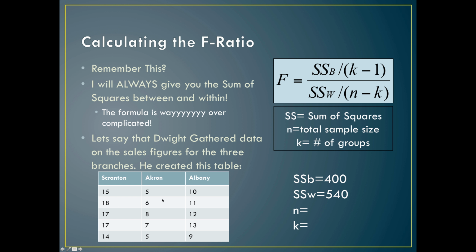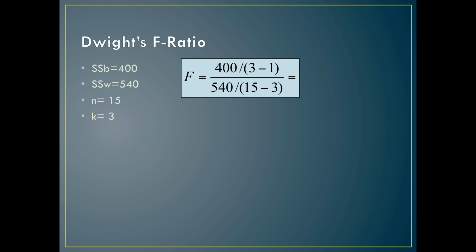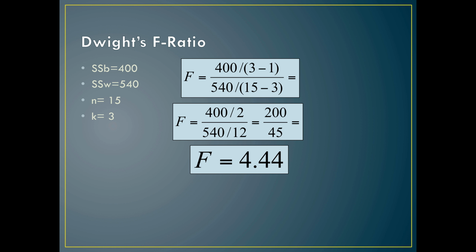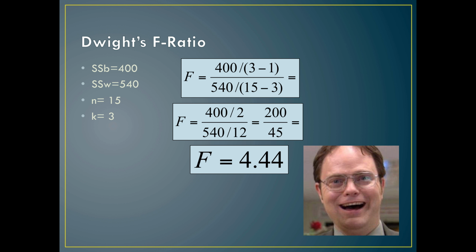That means 5 plus 5 plus 5, that is 15. Your total N is 15, and your K is going to be 3. Now we have all the information we need to actually calculate our F statistic. So let's plug in our numbers, and we end up getting an F statistic equal to 4.44. The next question is: is this F value large enough to reject the null?